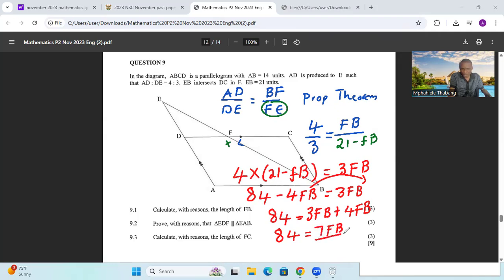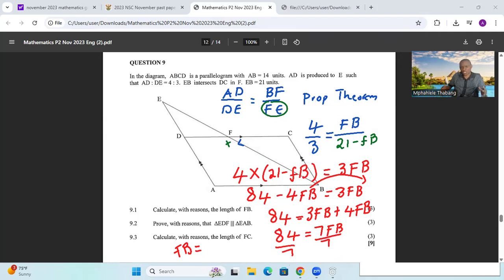Now you can divide both sides by 7 to find the length of FB. So FB is going to be 84 divided by 7. Just press that on your calculator and you will get the length of FB. So that was the problem of 9.1.